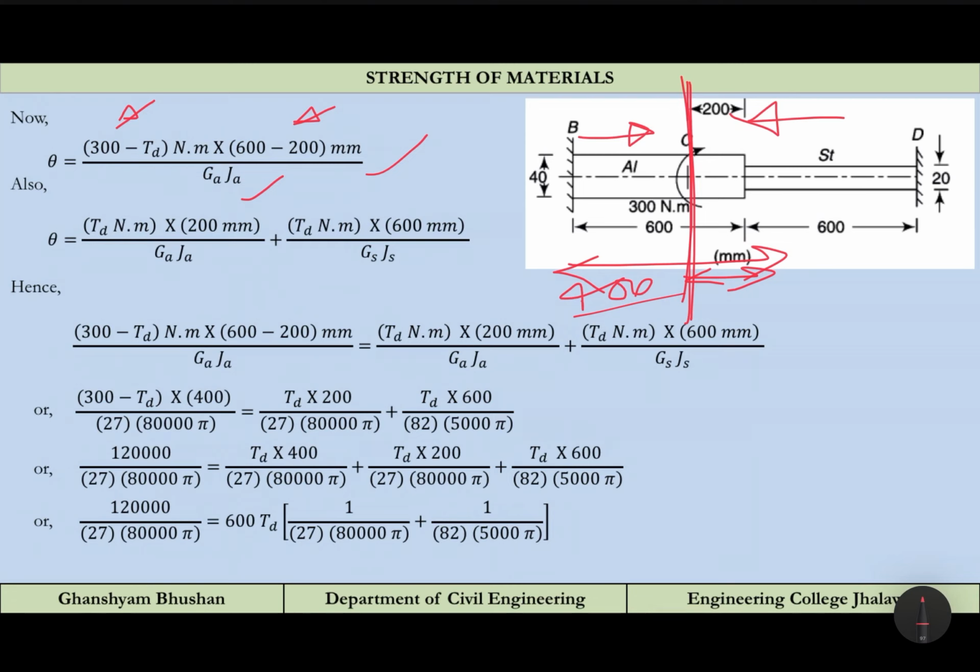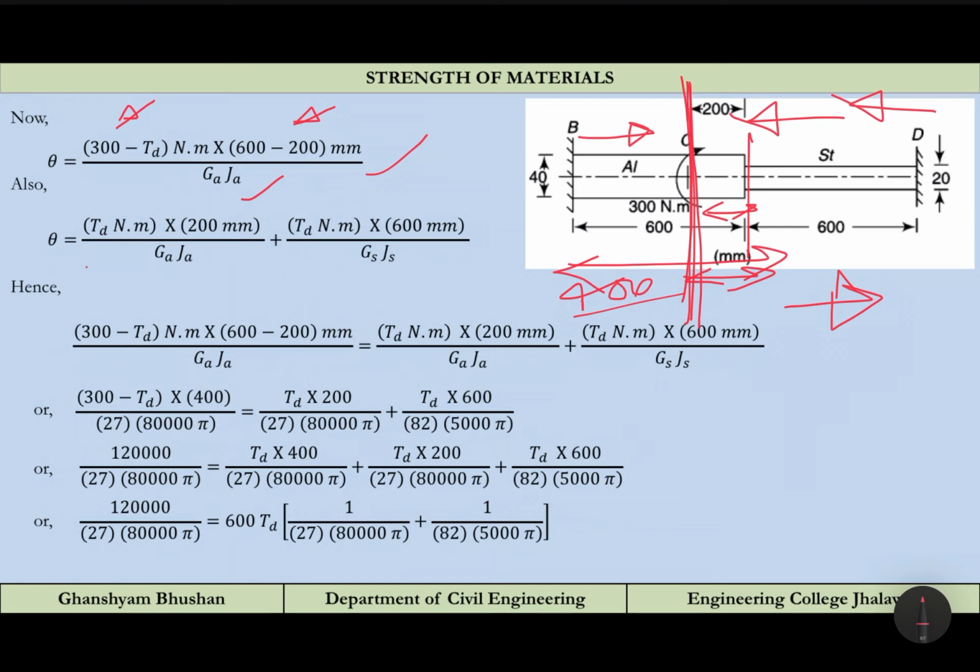And theta will also be equal to, from this side, TD into 200. In this section, if we look at the right portion, the torsional moment will be TD. So TD into 200, 200 for this portion, upon GA into J. The aluminum portion is still up to this point, and from here the steel section is coming.